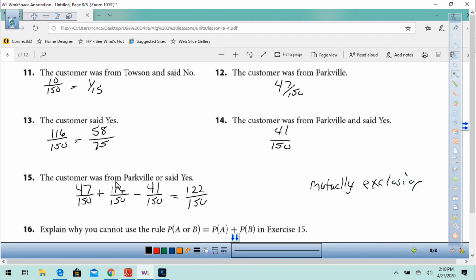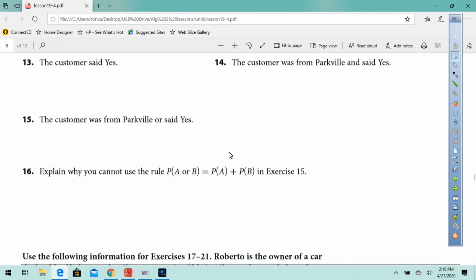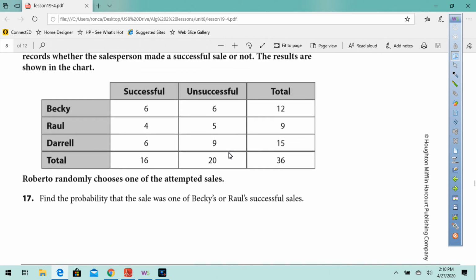And that Parkville or said yes was not mutually exclusive. In other words, somebody from Parkville could have said yes. So you had to take out the ones from Parkville that did say yes. And that's why. Okay.